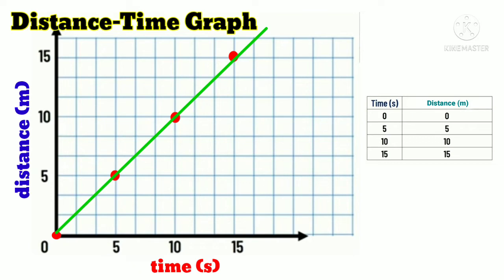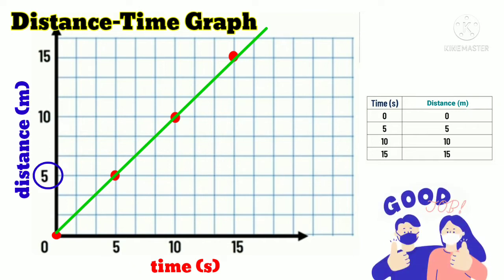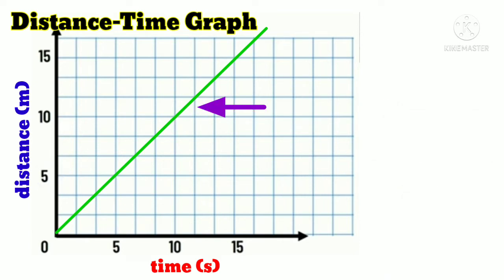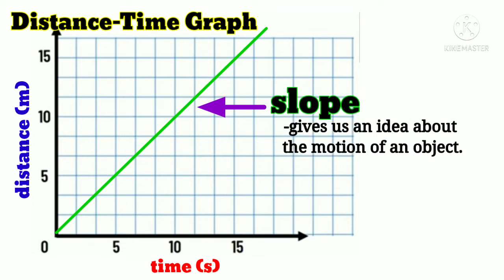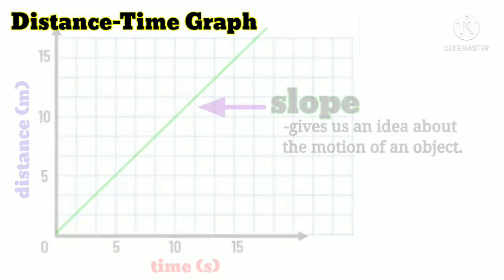For example, at 5 seconds, what is the distance of the ball? Correct, it is at 5 meters. The line that connects the dots on the graph is called a slope. The slope gives us an idea about the motion of an object. Now let us try to interpret the slope in a given graph.